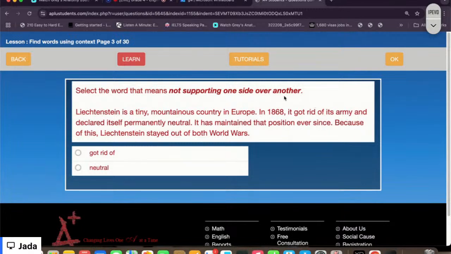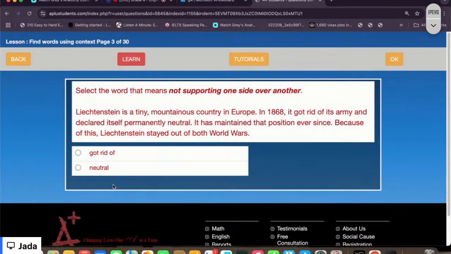So we have not supporting one side over another. So we have Liechtenstein is a tiny mountainous country in Europe.